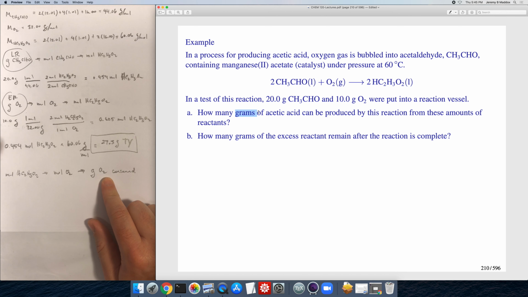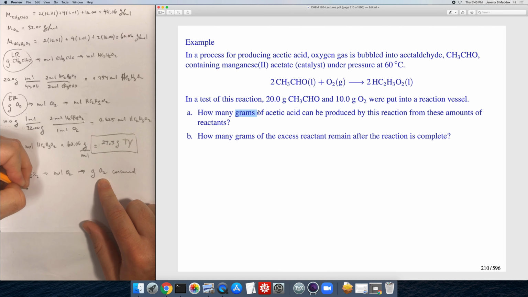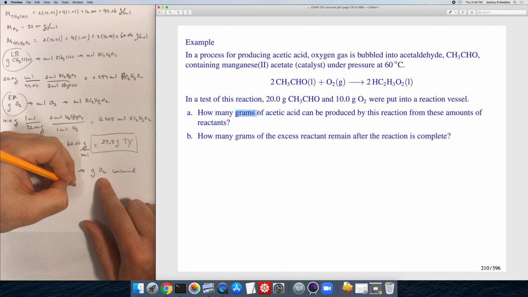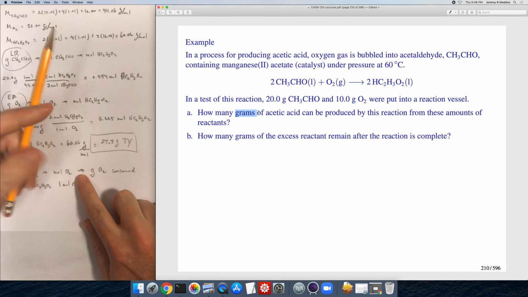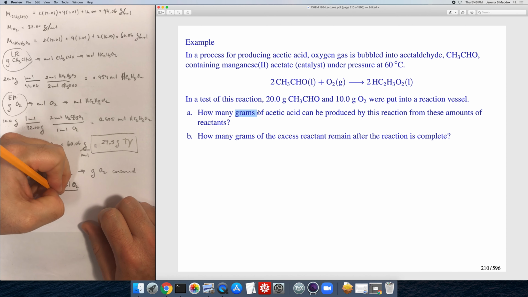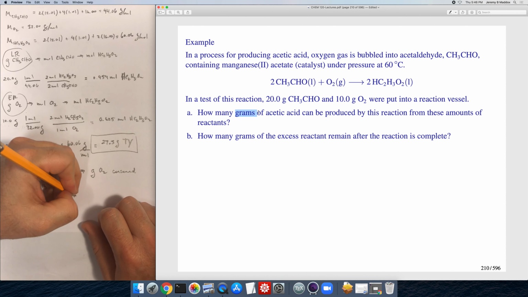Okay, so we'll take that 0.454 moles of acetic acid, and we're going to convert it to moles of oxygen. From the stoichiometric coefficients, 1 mole of oxygen will react for every 2 moles of acetic acid that are produced.